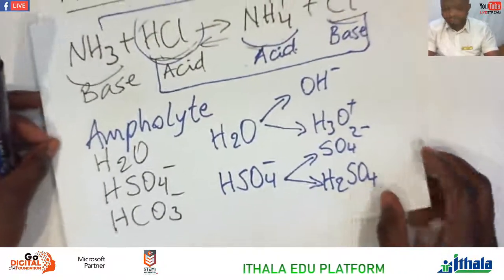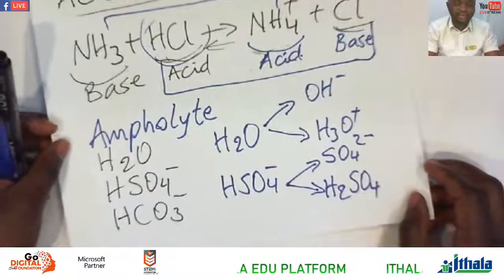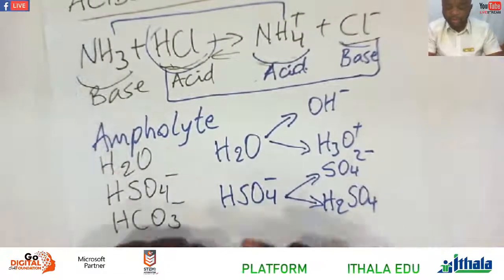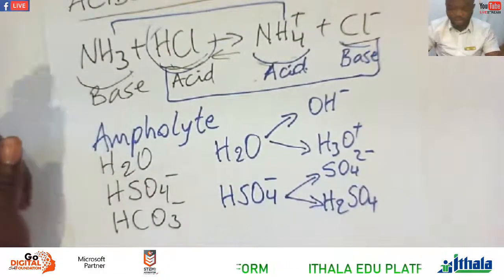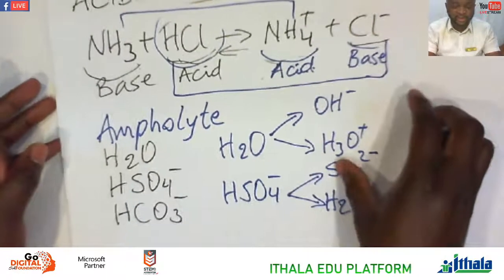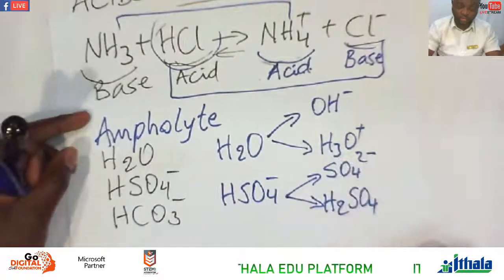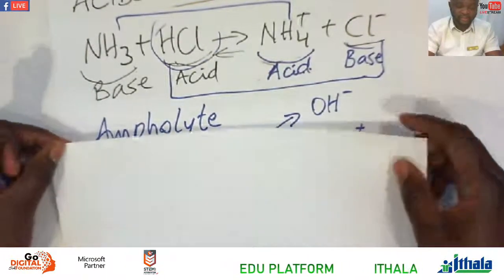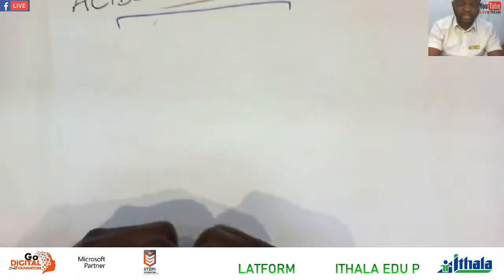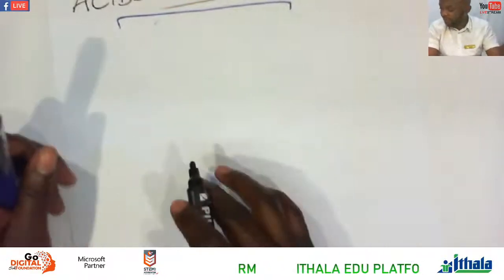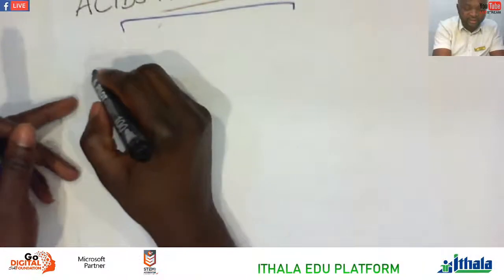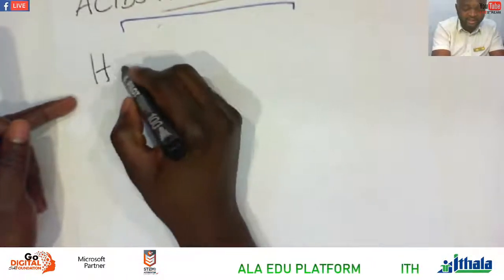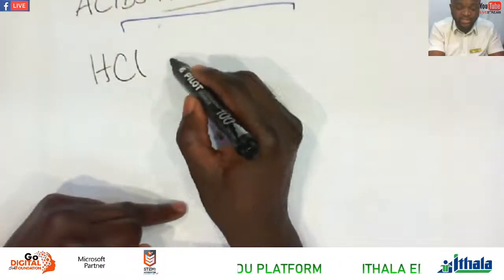Right? Then next we talked about the acid ionization constant of an acid, right? Let's look at HCl again in our example, because we say an acid is a substance that will ionize in water.